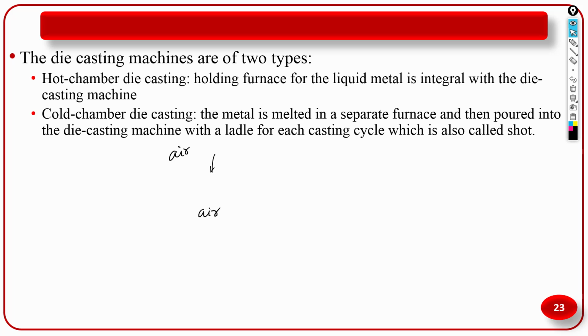But in cold chamber die casting, metal is melted somewhere else and brought, and then poured inside the die. Clear? So it takes a long time. Obviously the cycle time is much higher.